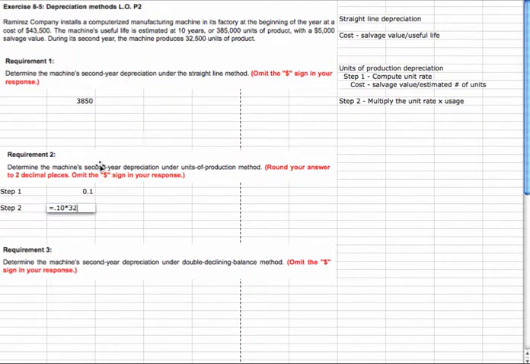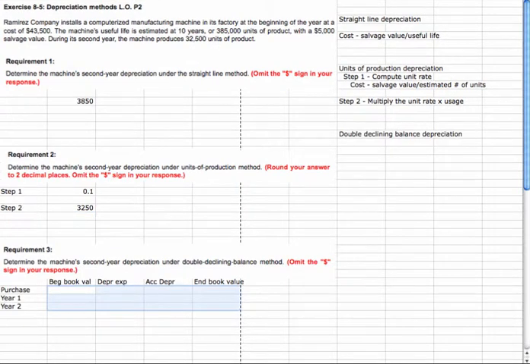So I'm going to put 32,500. So my second year depreciation would be $3,250, sorry, because I've taken my 10 cents times the 32,500 units produced.